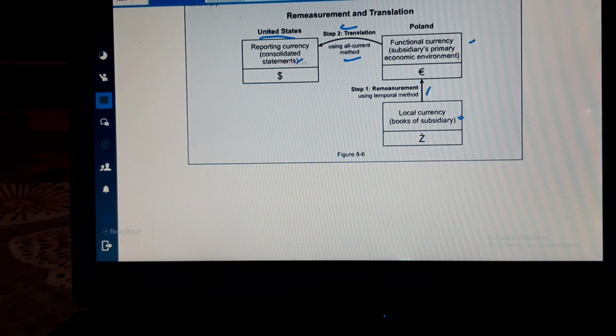Now let me just show you another one. Look at the companies they work. You just check whether it plays first.